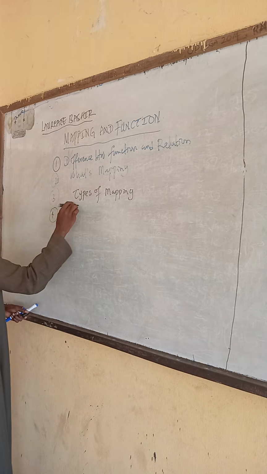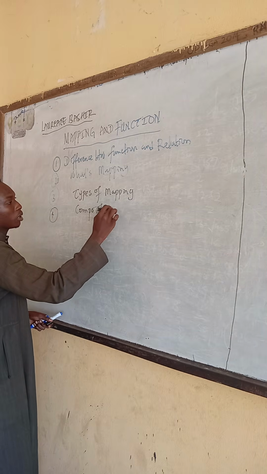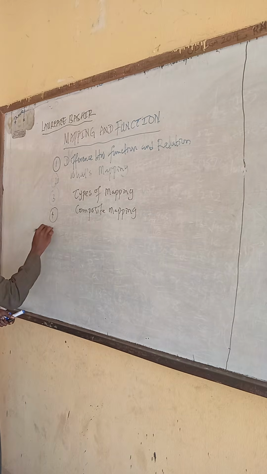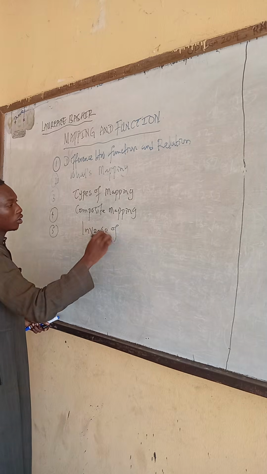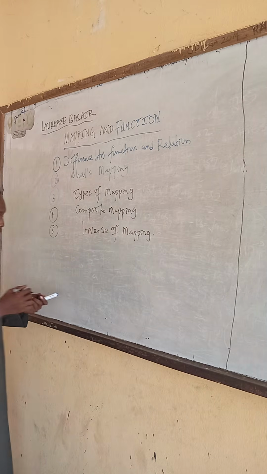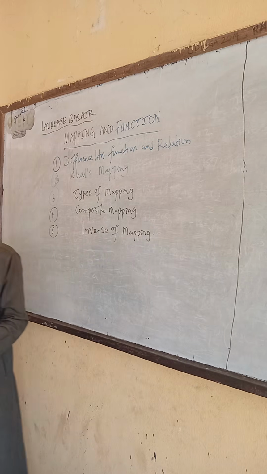Therefore, we need to know what we call composite mapping. Composite mapping is not a type but a division of mapping. Then the last thing you need to know is the inverse of a mapping. As high level students, if you know all this very well, I think you won't have problems with mapping and function again.